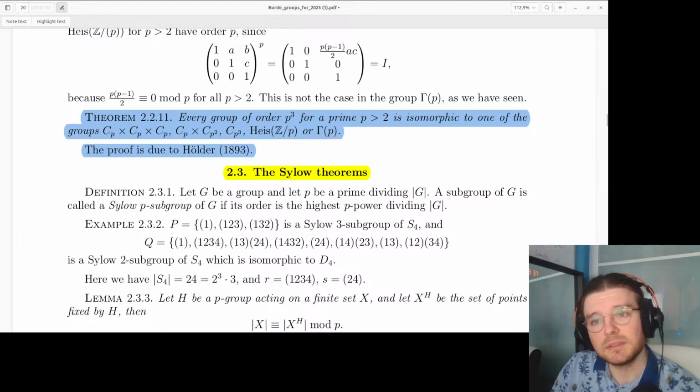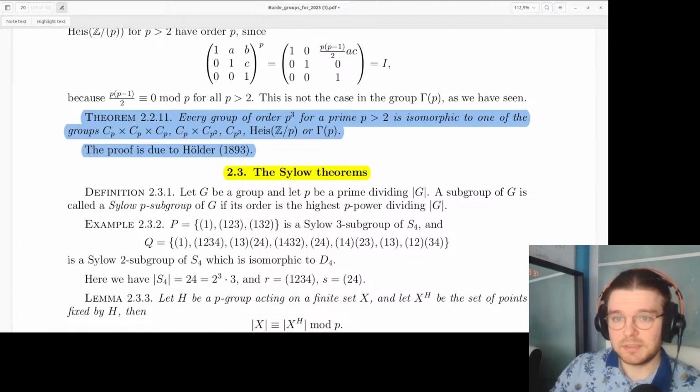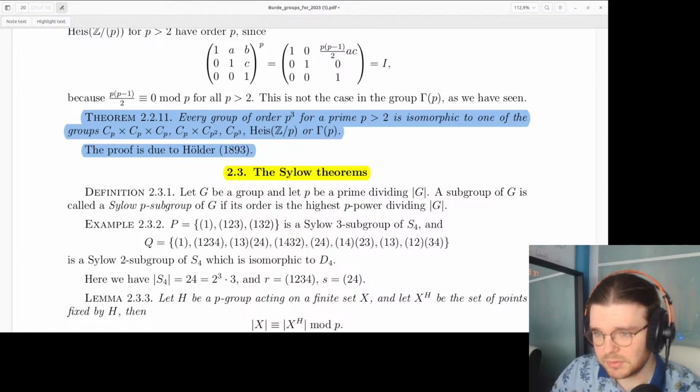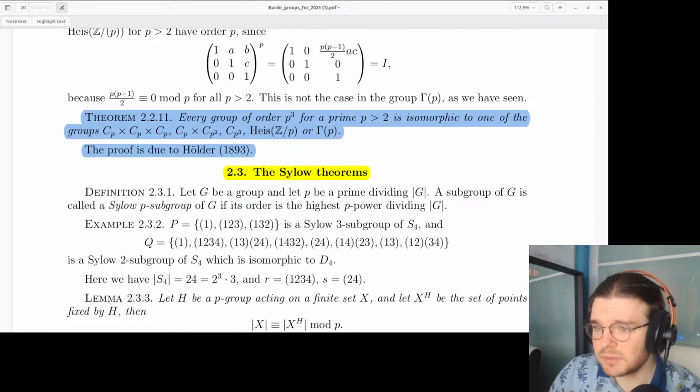Let's just Google the guy to see who he was. Ludwig Sylow was a Norwegian mathematician. How do you say this? Sylow, I think.